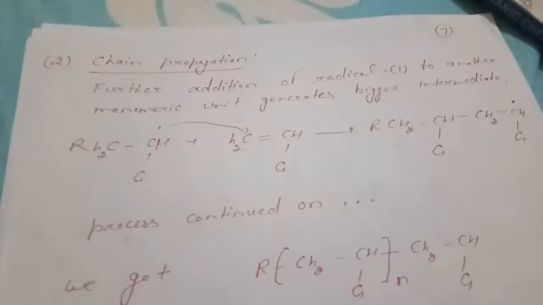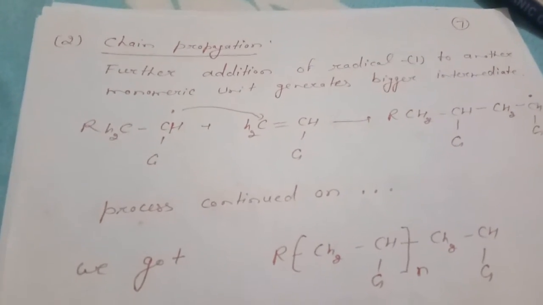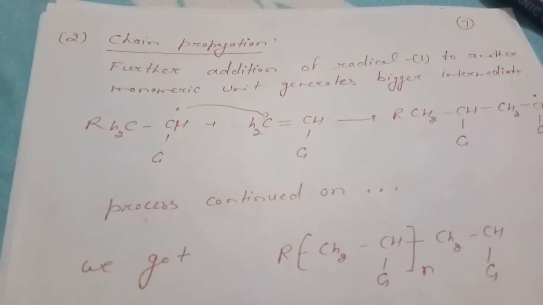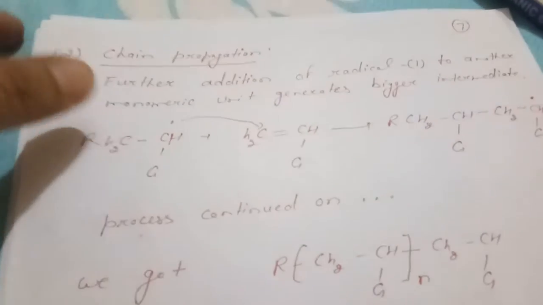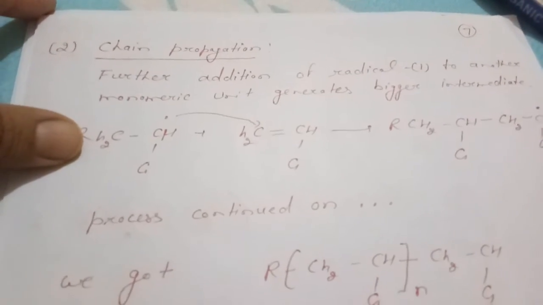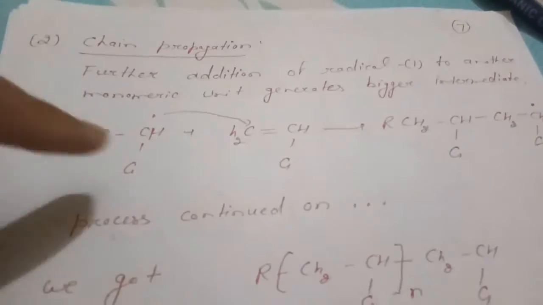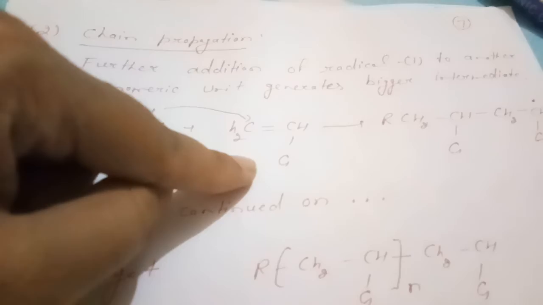The second step is chain propagation, meaning the chain will lengthen. Further addition of radical 1 to another monomeric unit generates bigger intermediates. This was the intermediate 1 we obtained. Then this reacts with a monomeric unit.